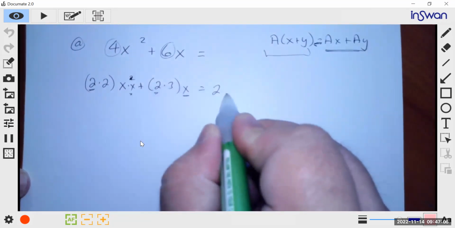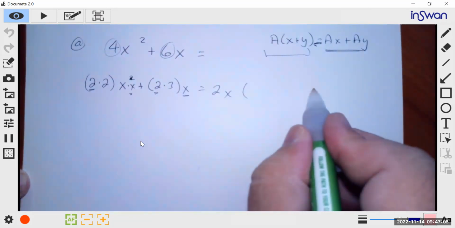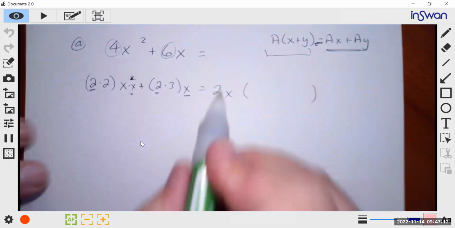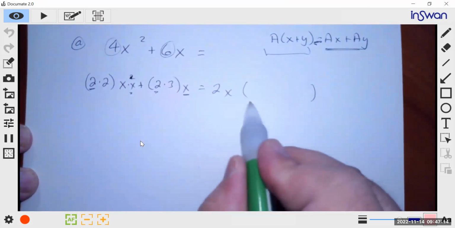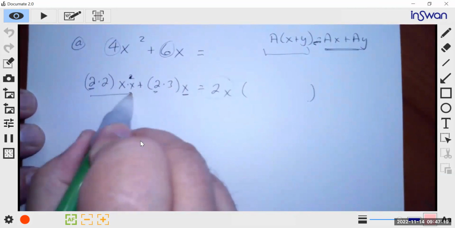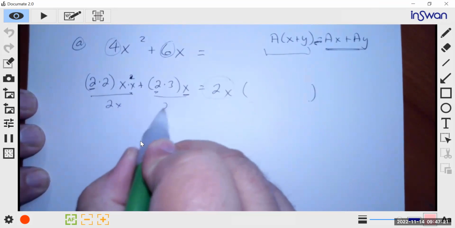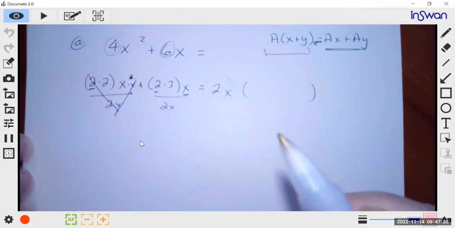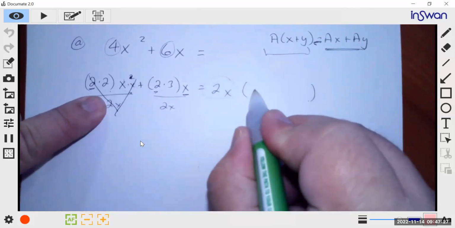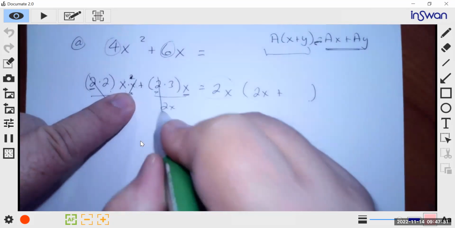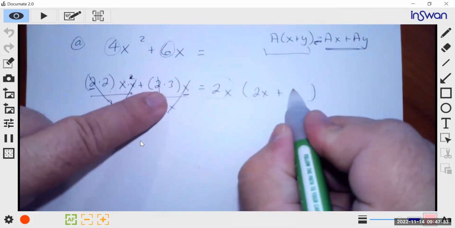So they both have 1x in common. So far, so good? Whenever you factor something out to see what goes inside here, take this number and divide both of these. So the 2's cancel, one of the x's cancel. So what do I have left? 2x. The 2 cancels and the x cancels. All I have left is 3.